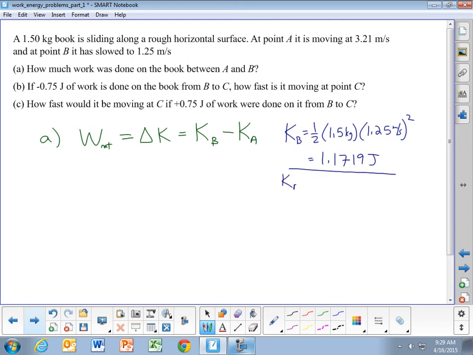The kinetic energy at point A is 1/2 times the mass times the speed at A, 3.21 squared. And that gives us 7.7281 joules.